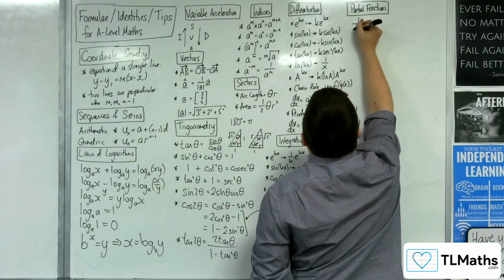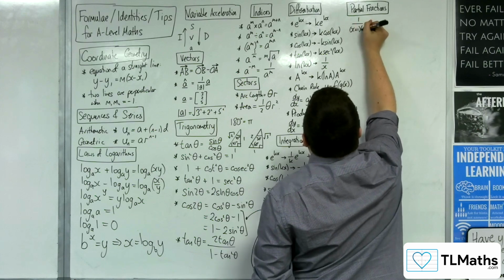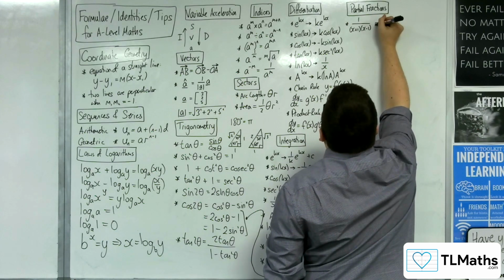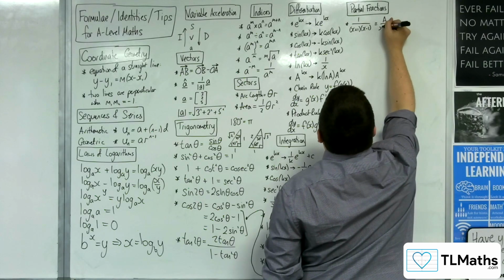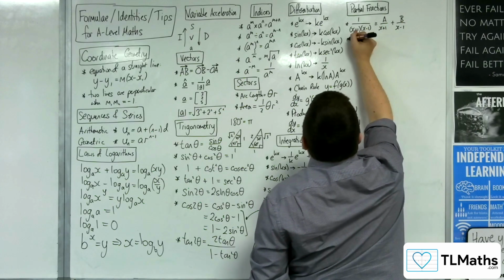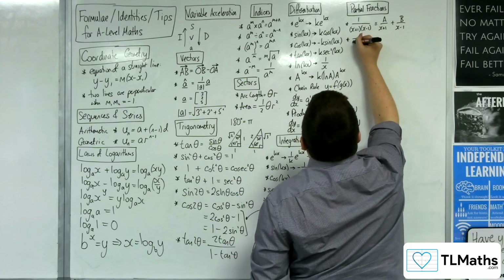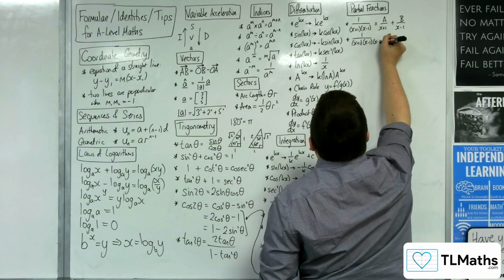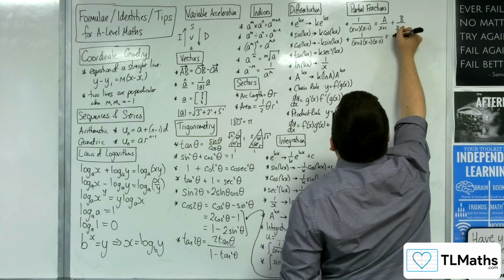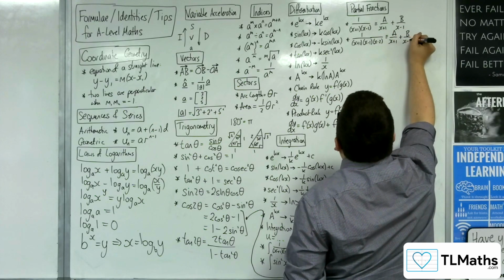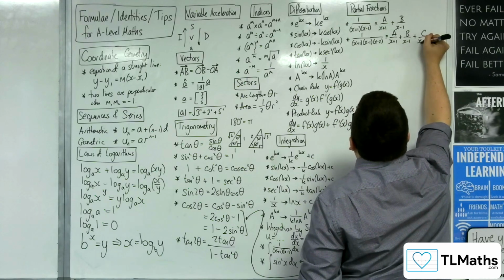So let's say you've got 1 over x plus 1, x minus 1. This is the bog standard. You need to make sure you know that it can be written in the form a over x plus 1 plus b over x minus 1. And if you had 1 over x plus 1, x minus 1, x minus 2, then that could be written as a over x plus 1 plus b over x minus 1 plus c over x minus 2.